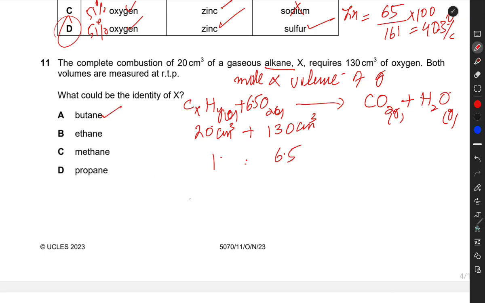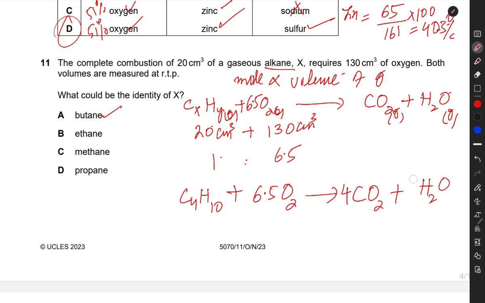Let's calculate this. C4H10 plus 6.5O2 is equal to 4 carbon dioxide plus 5H2O. So this is 4 into 2 is 8 and 5, 13, so 13 oxygen atoms.